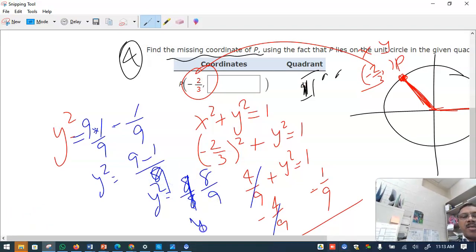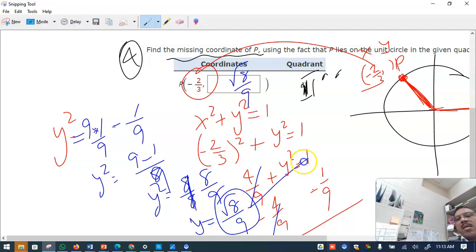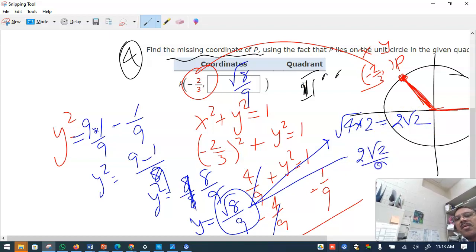And if you take the square root, y is the square root of 5 over 9. But then you can also write this, the square root of 8 is the square root of 4 times 2, which is 2 root 2. So your answer could also be written as 2 root 2 over 3. So both of these are correct. Hope that helps. Let's do the next.